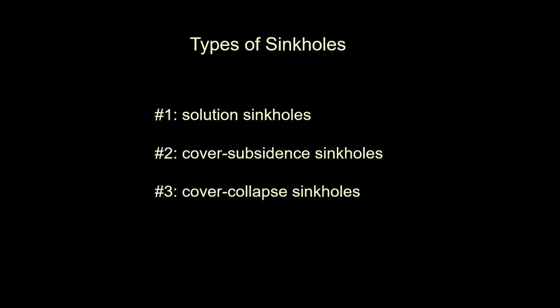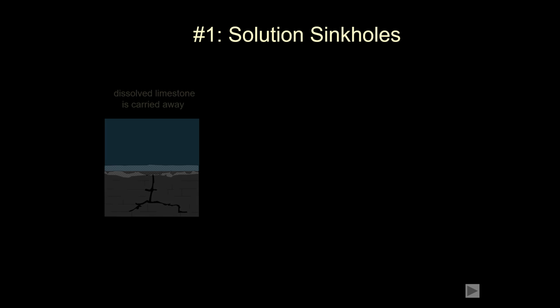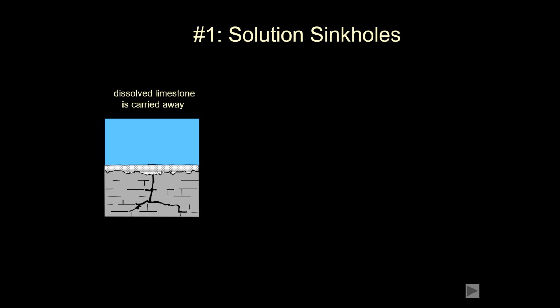So there are three types of sinkholes that I want to mention: solution sinkholes, cover subsidence sinkholes, and cover collapse sinkholes. So let's look at the difference for just a moment. We'll start with solution sinkholes. These are sinkholes that happen where limestone is carried away by slightly acidic water with just a little bit of carbonic acid in it.